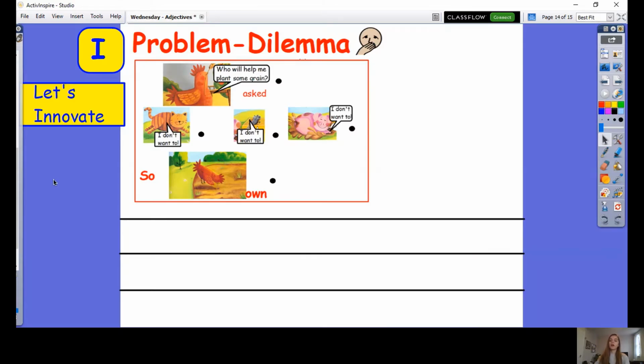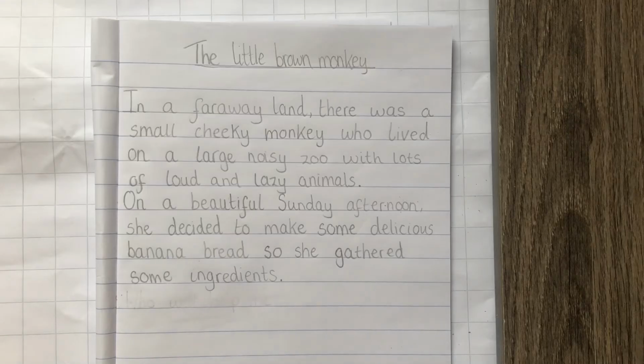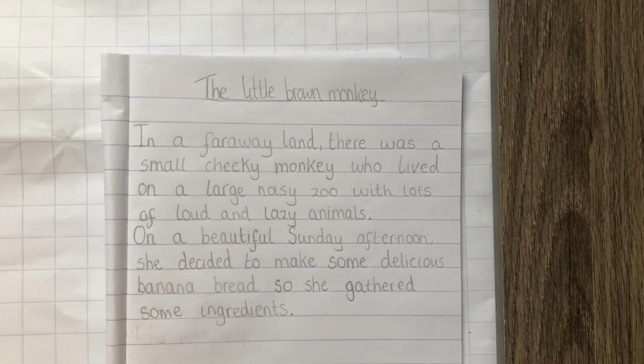Now that I have my 3 animals, I have my adjectives for them, and I have my different words for said, I am ready to write my problem. So you now are going to watch me write my problem now. So I have my story that I've written so far.